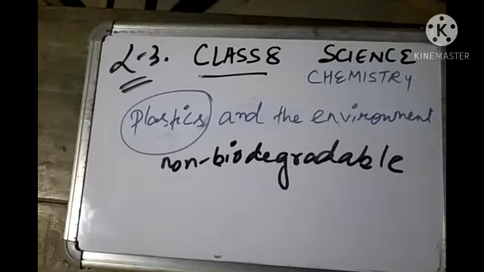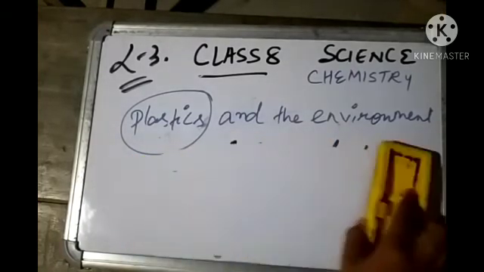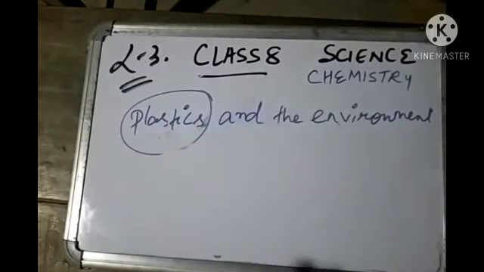So when we dispose of plastic, when we throw or dump plastic anywhere, since it is non-biodegradable, it remains as such. So we cannot dispose of plastic this way.